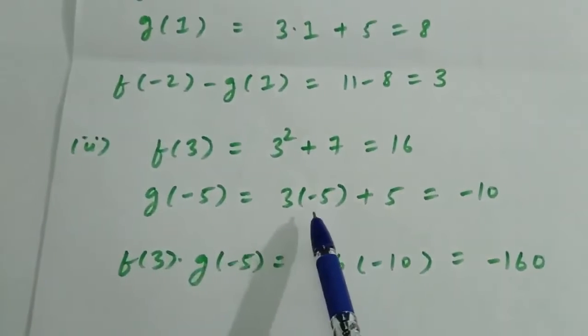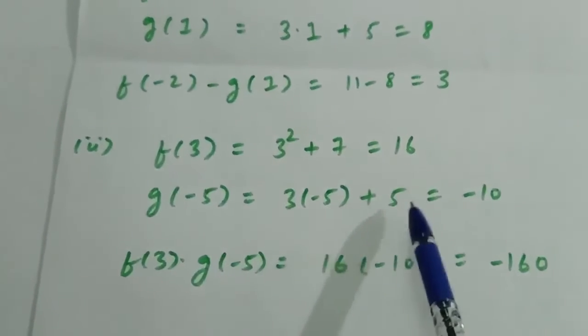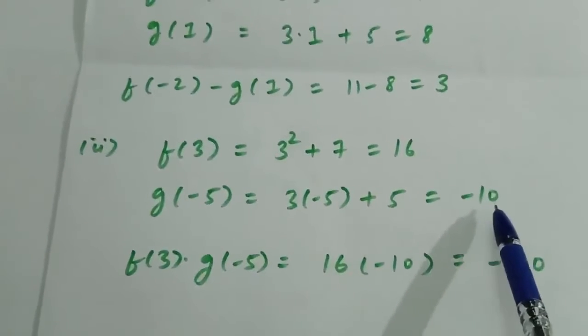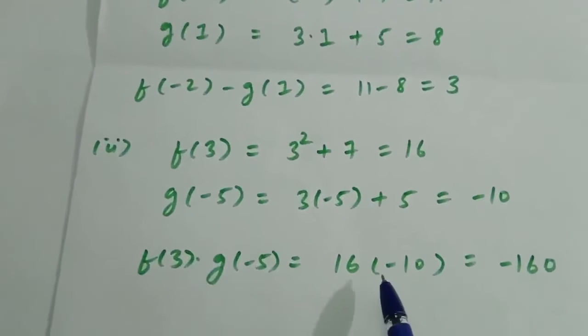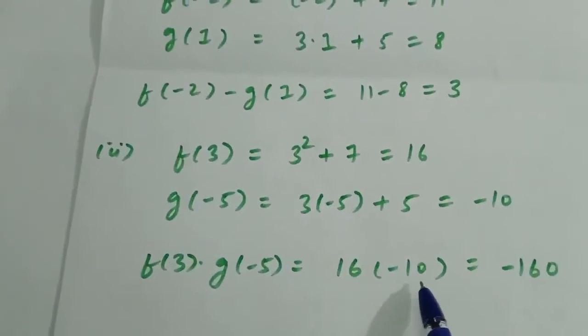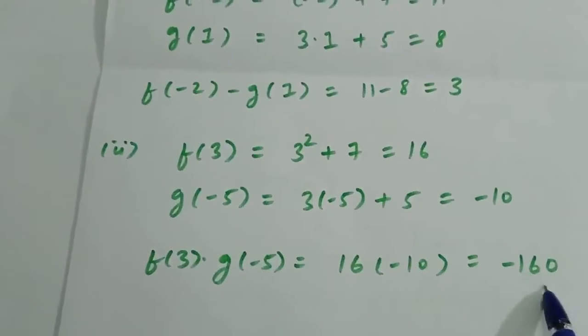So 3 into -5 plus 5 and you will get the value as -10. We have to find the product of these two. So just multiply them. 16 into -10, which is -160.